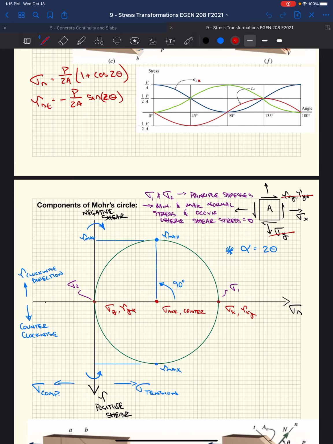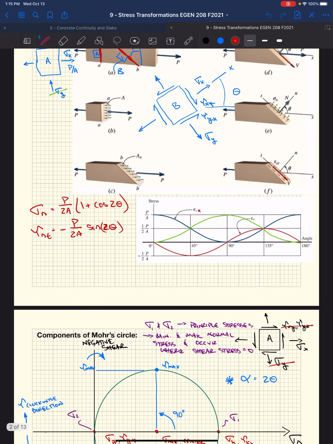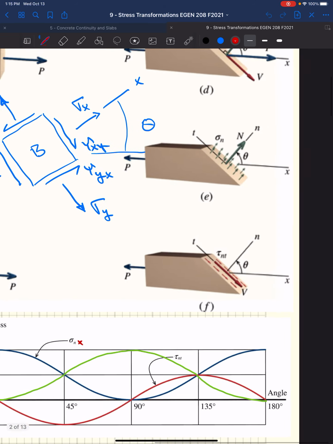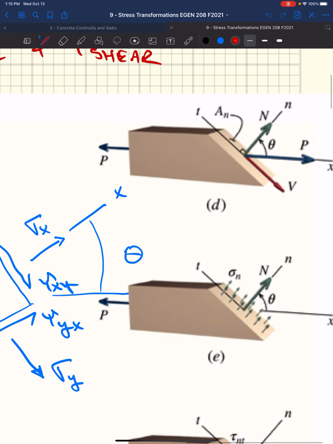And based on our mechanics derivation before, we came up with these 2 equations that relate the normal stress and the shear stress on any plane, right? So if we changed theta, we did this in a homework, you guys figured out what the stresses were on an inclined plane on an axial loaded element.